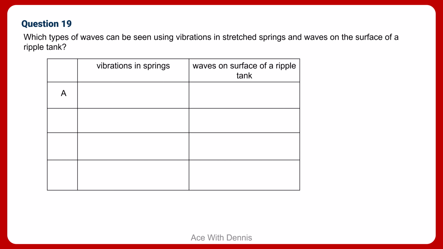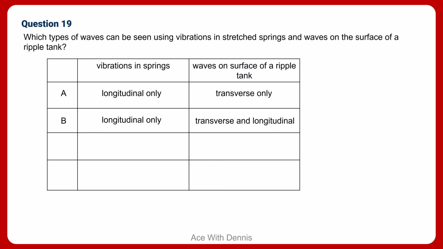Option A, vibrations in springs are longitudinal only, while the waves on the surface of a ripple tank are transverse only. Option B, vibrations in springs are longitudinal only. Waves on the surface of a ripple tank are both transverse and longitudinal.